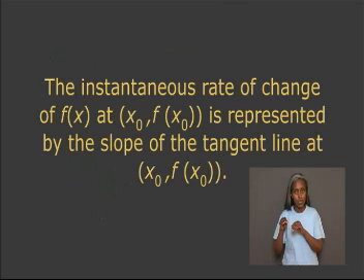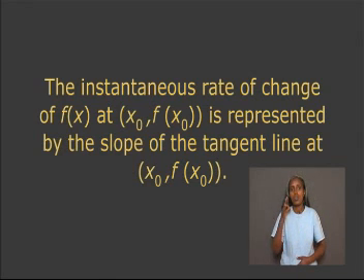Students, in general, the instantaneous rate of change of f of x at x naught, f of x naught, is represented by the slope of the tangent line at (x naught, f of x naught).